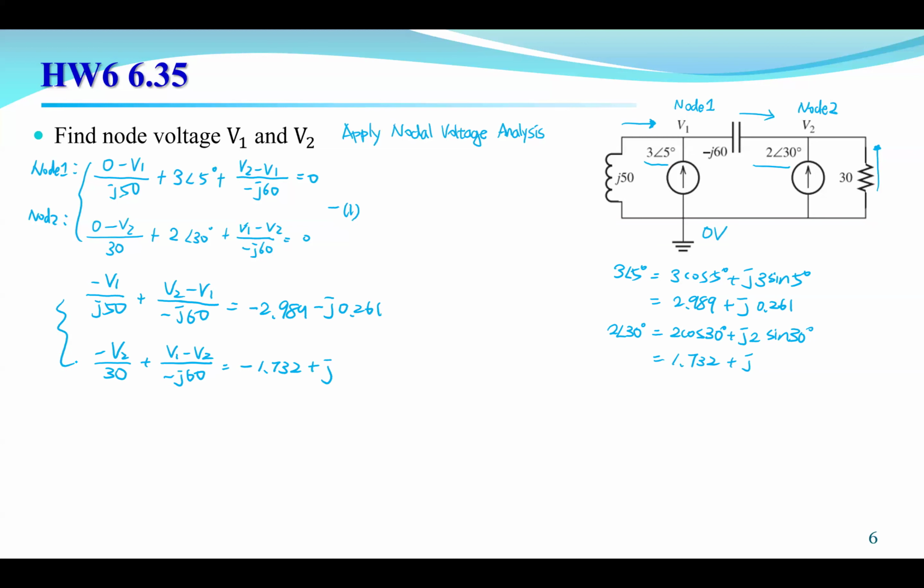For the first equation, we multiply everything by minus 300j.